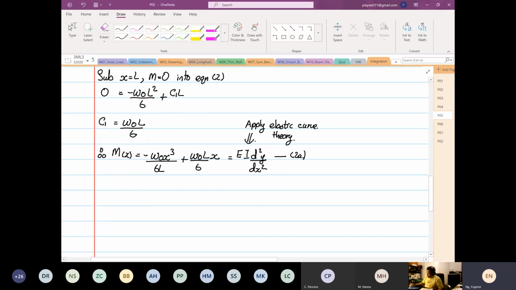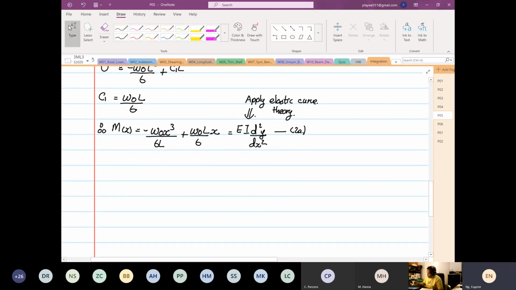So over here, you integrate again. So you have EI dy by dx, so this is going to be EI theta. This will be equal to minus omega naught x^4 over 24L plus omega naught Lx squared over 12, plus C3.